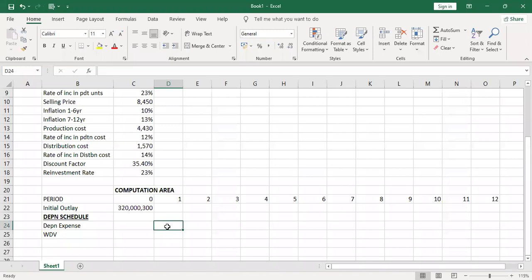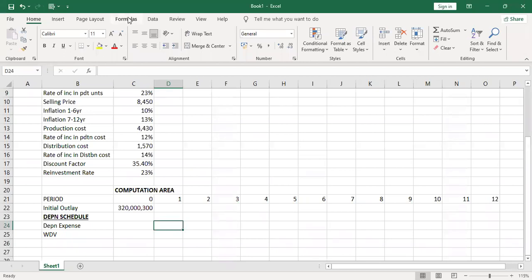Now, what method of depreciation are we told to use when you look at the question? Sum of the year-digits method. So press the cursor under period 1. Depreciation expense, press the cursor under period 1.